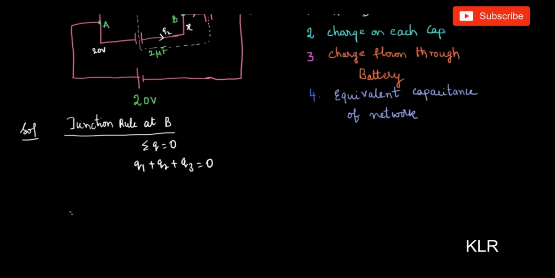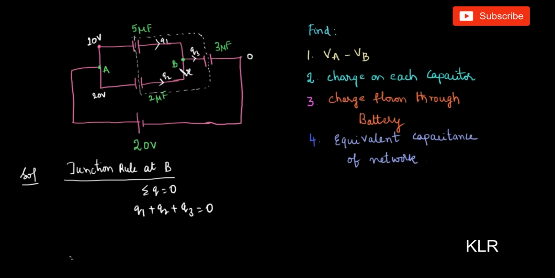which means Q1 is equal to CV, capacitance into potential difference. The potential difference is X minus 20. So Q1 is equal to 5 into X minus 20.